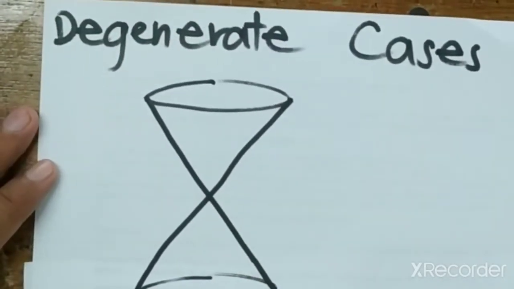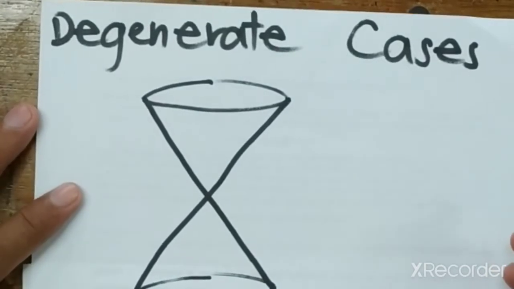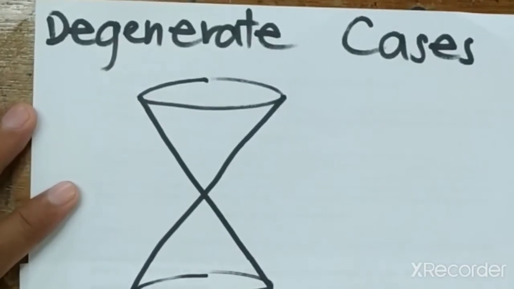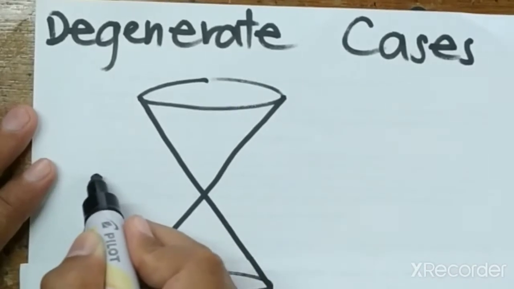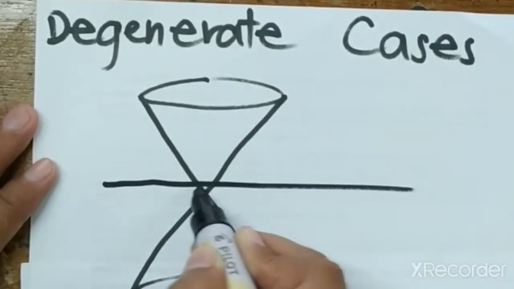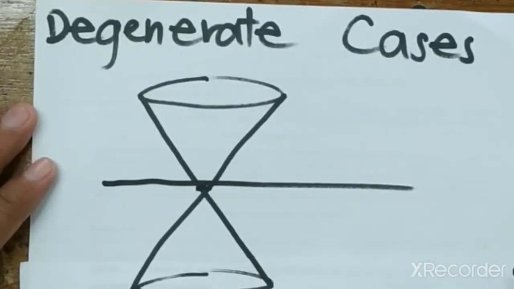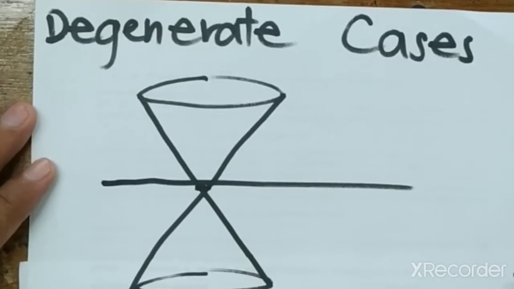So we have what we call degenerate cases. Degenerate cases are special cases of conics. There are also times that when we cut this double nappe circular cone horizontally across its apex, the conic section that will be developed is a point. Okay. So that could have been a circle, but it is a point.